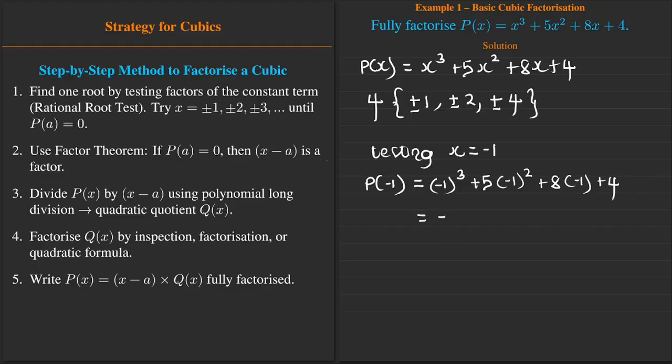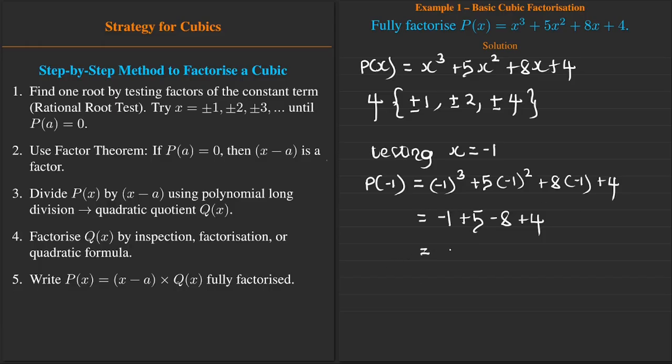Negative 1 cubed gives us negative 1. Then 5 times negative 1 squared gives us 1, so 5 times 1, plus 5. Then 8 times negative 1 gives us negative 8. And then we have our plus 4. Negative 1 plus 5 gives us 4. Then 4 minus 8 gives us negative 4. Negative 4 plus 4 gives us 0.